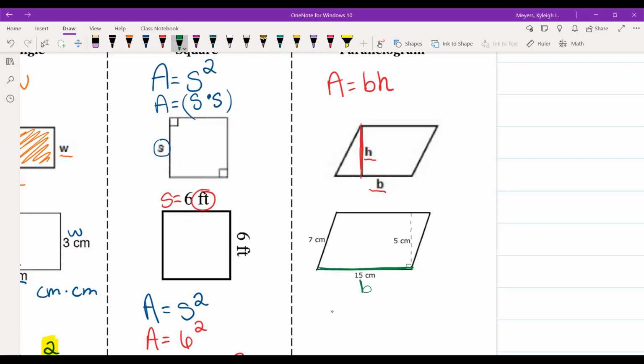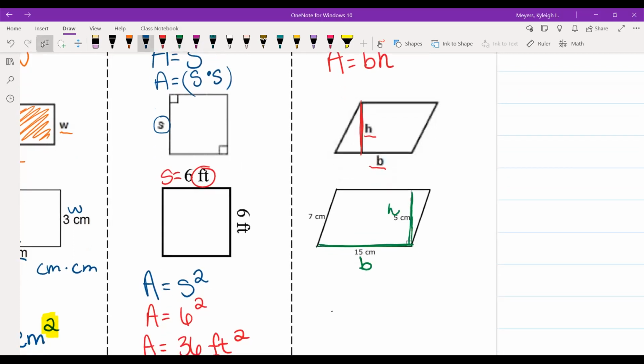So the bottom of our shape. But the height is not our slant, right? It's from the bottom to the top. So this 5 is going to be our height. So we're going to write our formula. Area equals base times height. And we know that our base, we said, was 15.